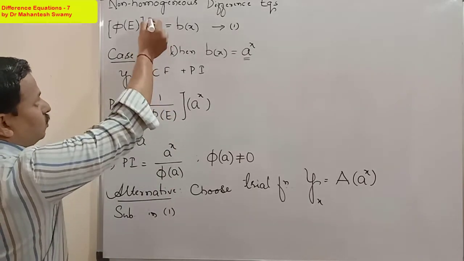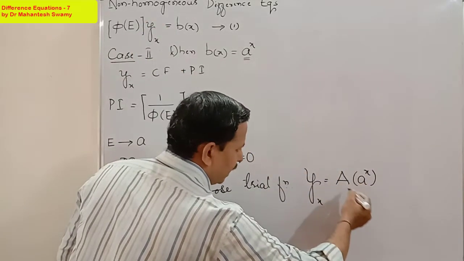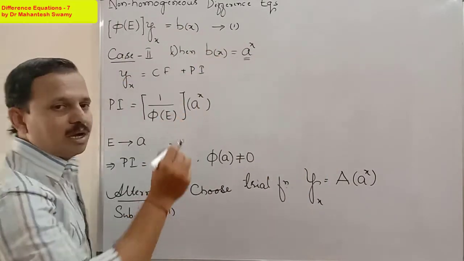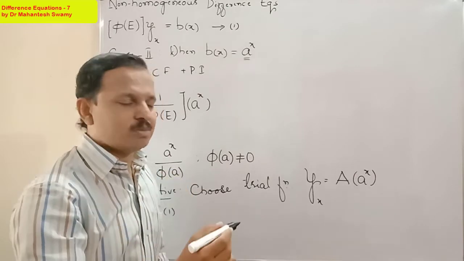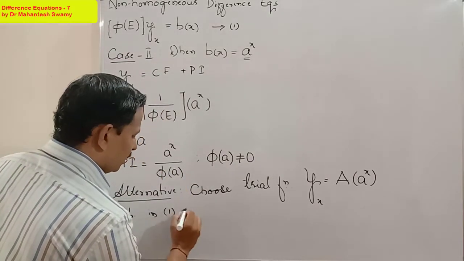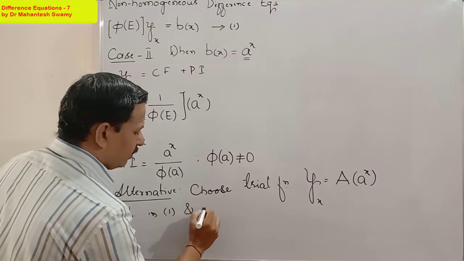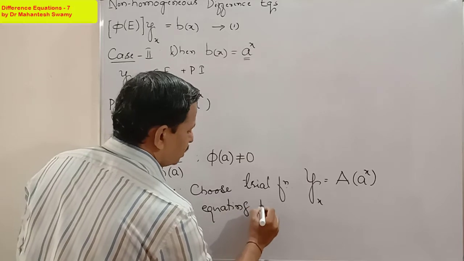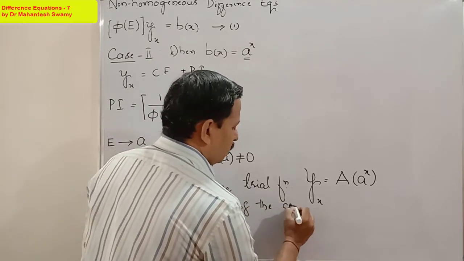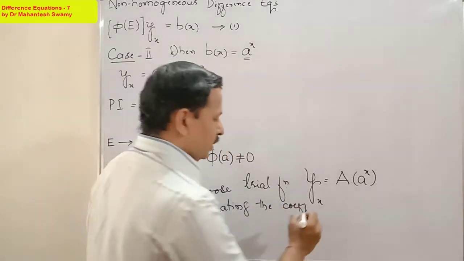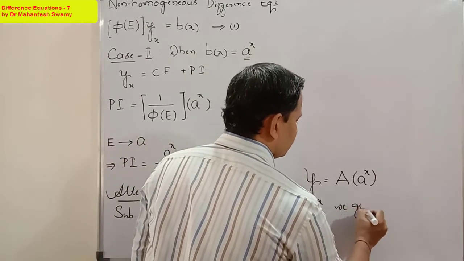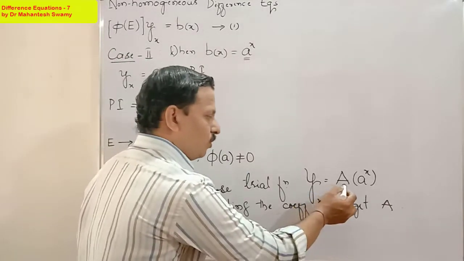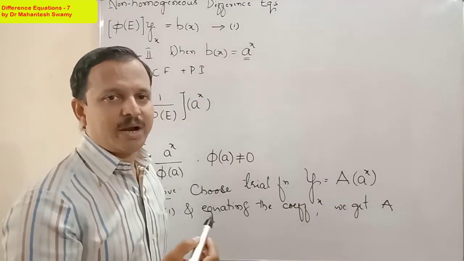In the given equation we have to substitute at this place the value A into a to the power x, simplify, and then equate the coefficients of similar terms. Equating the coefficients of similar terms, we get the value of A. Once we get the value of A, we can substitute it over here, and that gives us the required particular integral.